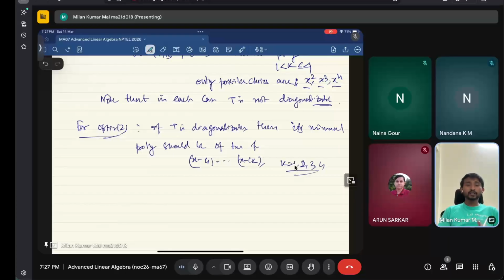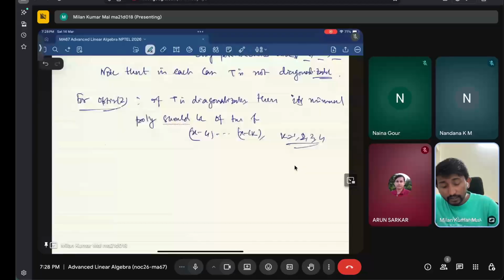Because that has to be distinct linear factors, and c1, c2, ck are distinct. But in that case, T is not nilpotent.